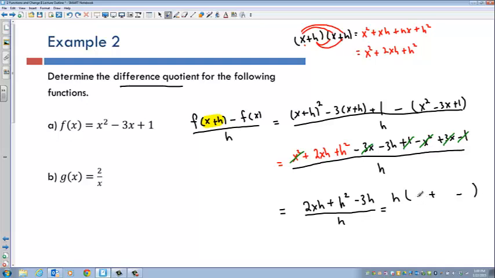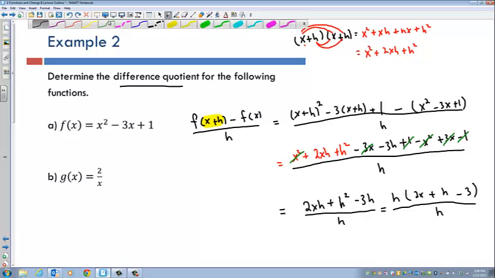So here, something goes here times h gives me 2xh, so I need a 2x. Something goes here times h gives me h squared, so I need an extra h. And then something here times h gives me 3h, and so I'll put a 3. And then this is all divided by h. So now I have an h on top, I have an h on bottom, so then I can cancel off the h's.